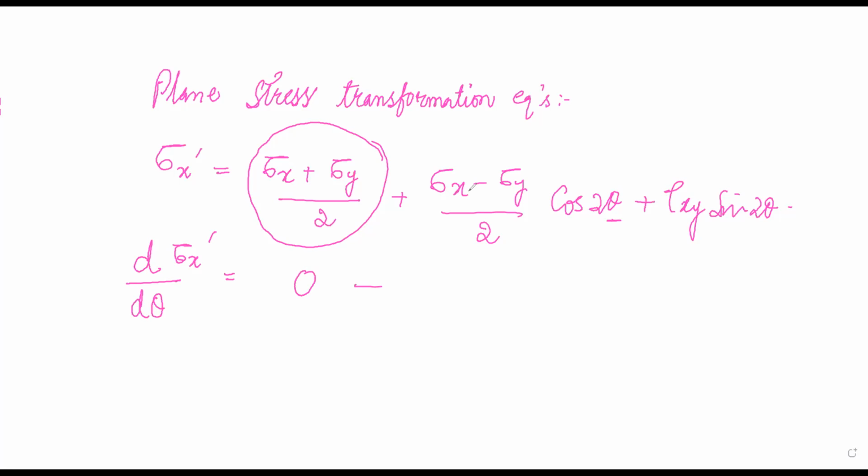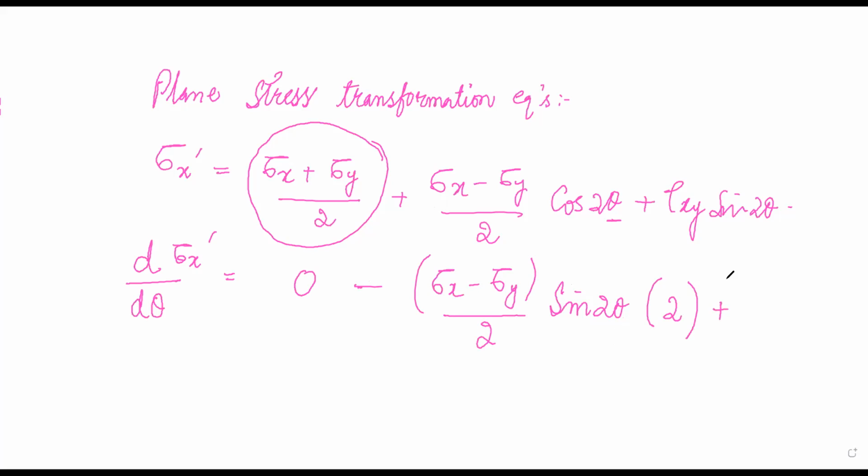Then we have sigma x minus sigma y divided by 2. This is not a function of theta. Cos 2 theta is a function of theta. What is the derivative of cos 2 theta? The derivative of cos theta is minus sin theta, so it will be minus sin 2 theta, multiplied by the internal differentiation, that is d by d theta of 2 theta.